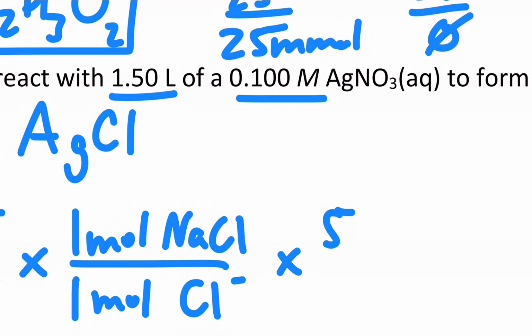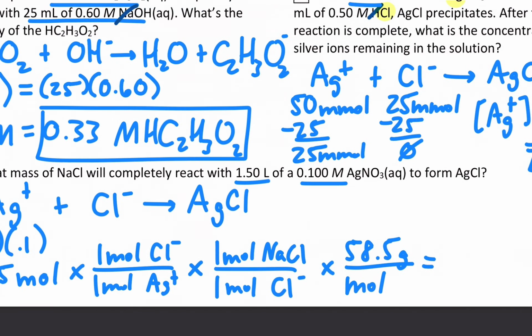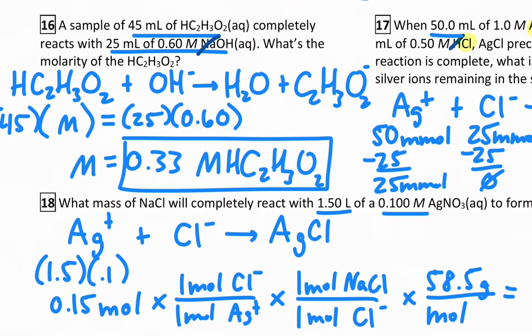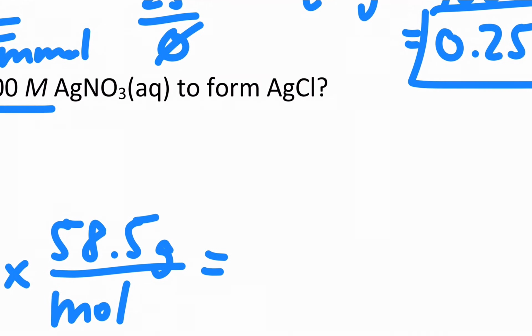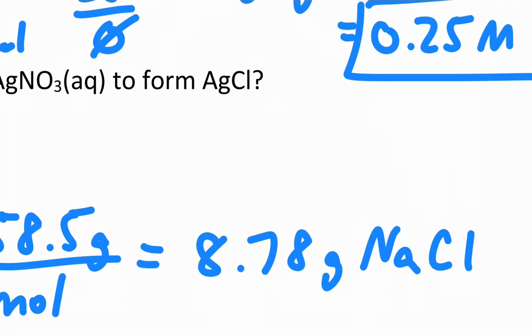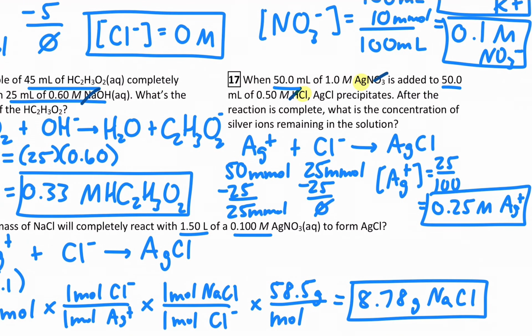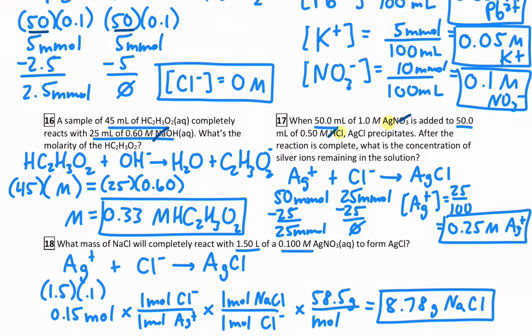That's 58.5 grams per mole. So I just have to take 58.5 and multiply it by 0.15. That gives me 8.78 grams of NaCl. Mostly I did that just to remind you that even though we're using molarity quite a bit, you can always get back into grams just by using the molar mass of the compound.